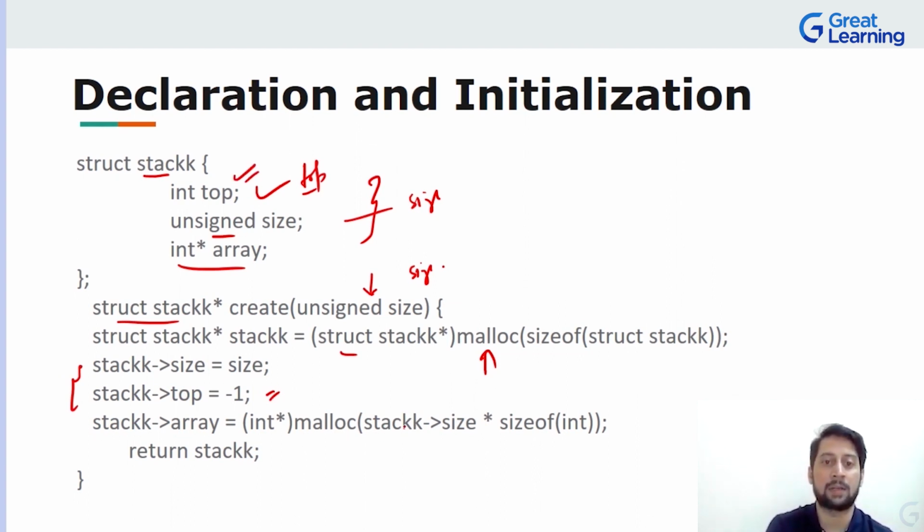Then we allocate memory to the array with the help of the malloc function. We allocate size to the array with the help of sizeof, according to the size of int. So we allocate memory to the array and then we finally return the stack. That is why you see the return type is struct stack pointer. So this is how you declare when you're dealing with array implementation.